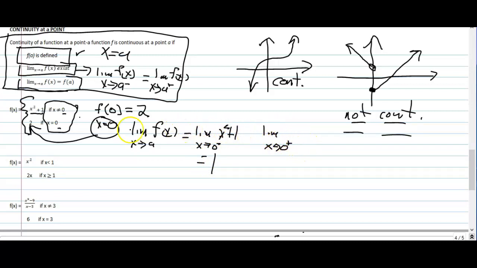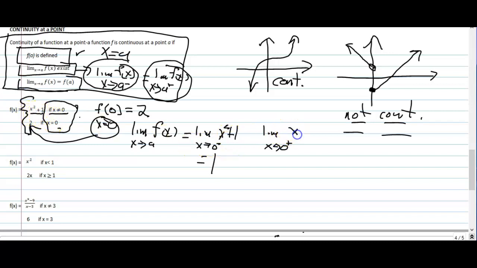Now again, we've got to determine if the ordinary limit exists. If the ordinary limit exists, then the left limit and the right limit must both exist and be equal to each other. We found the left limit, now we need to find the right limit. What does it mean for x to approach 0 from the right? That means the values for x are a little bit greater than 0. Well, then they're not equal to 0, so we're still evaluating x squared plus 1.